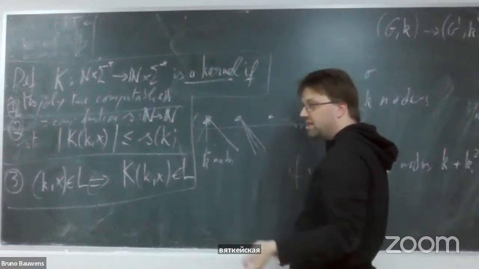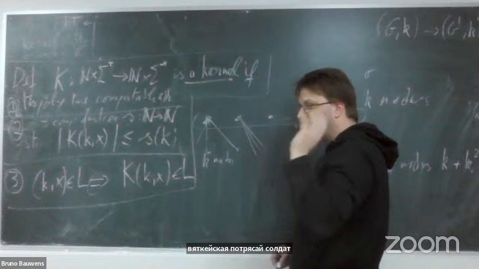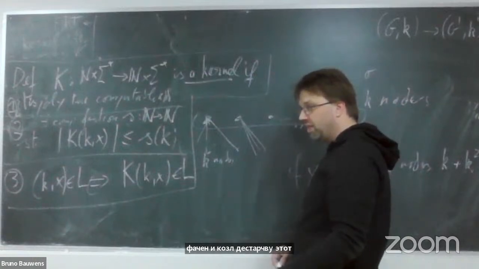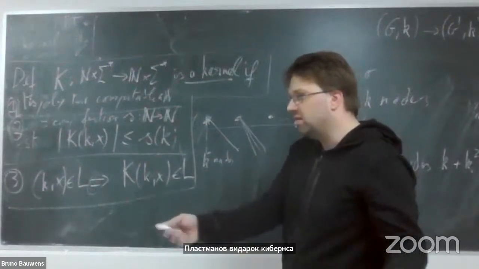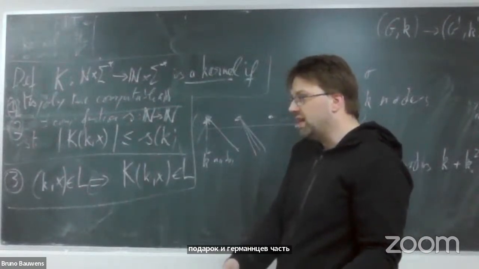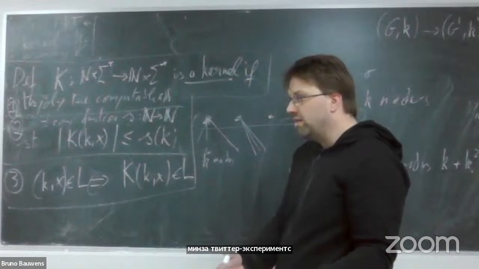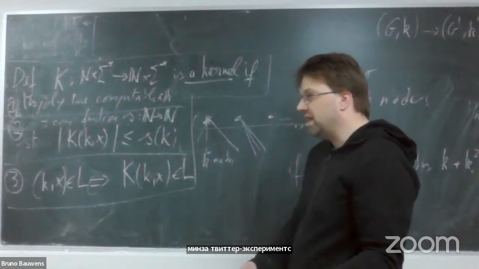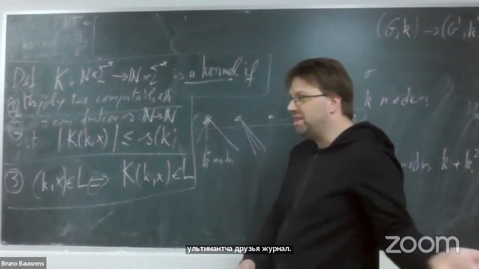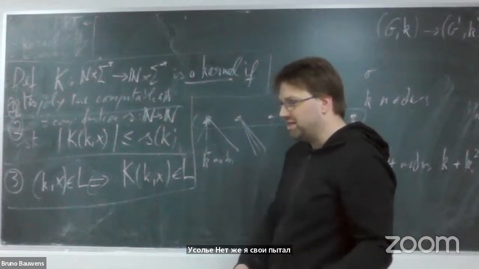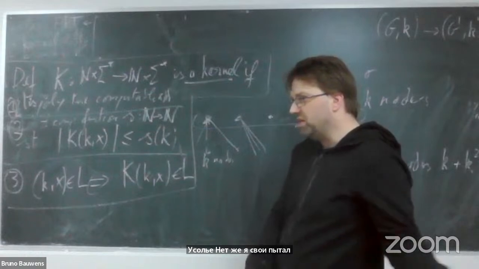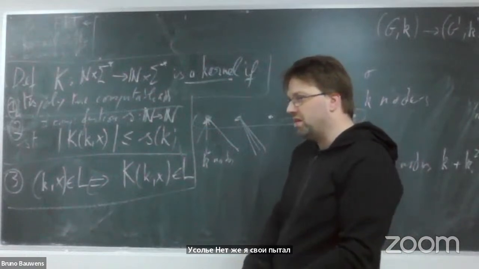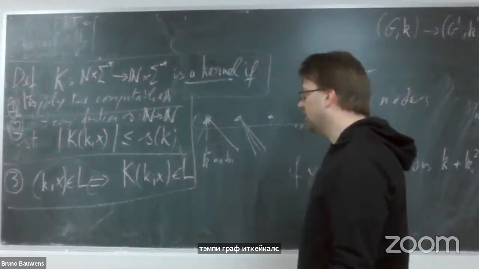If it's larger than k times k plus 1, we directly give the answer. Directly giving the answer just means that we pick the simplest instance where the answer is yes or no. If the answer is yes, we output an empty graph with k equals 0. If the answer is no, we output a graph with one edge and k equals 0, so the answer is no.